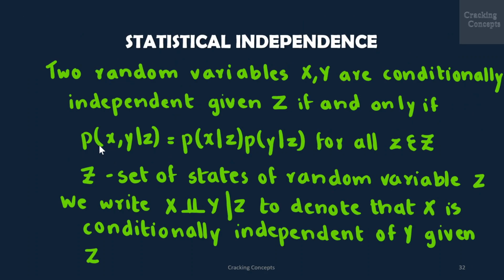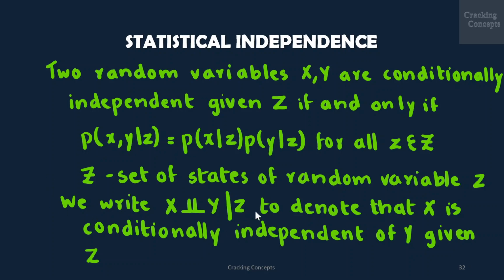Two random variables x and y are conditionally independent given z if and only if p of x comma y given z is p of x given z into p of y given z for all z belonging to capital Z, where capital Z is a set of states of random variable z.